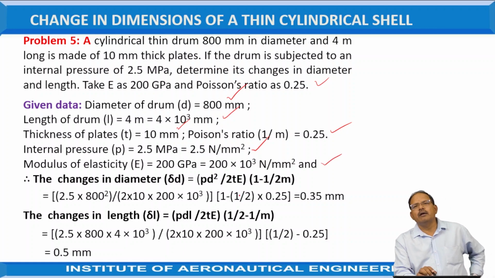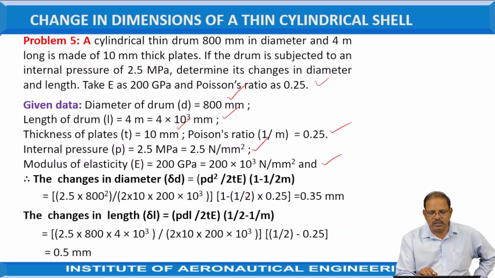Now the change in diameter, according to the previous relations, is PD square divided by 2TE into 1 minus 1 by 2m. Substituting these values, P is the internal pressure, 2.5 Newton per mm square.